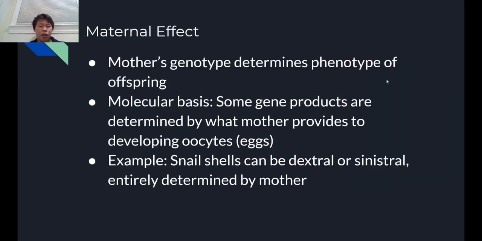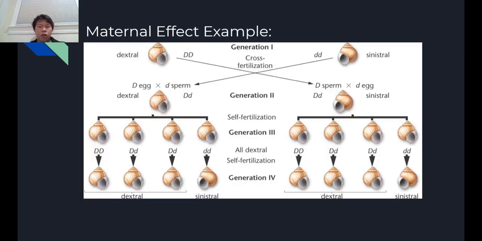And then finally, the last one is really cool, snail shells, and that's an example of the maternal effect, where the genotype of the mother will actually determine the phenotype of offspring given certain genotypic compositions. So the picture is probably the best way to talk about that. Dextral, right-handed, or right-shelled, and sinistral, sorry, left-handed people, but basically right-shelled and left-shelled.